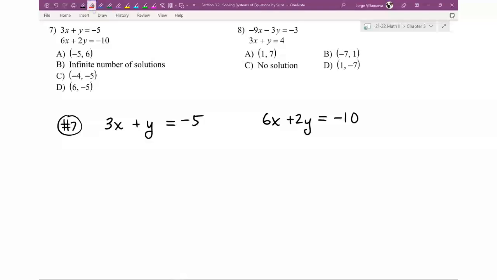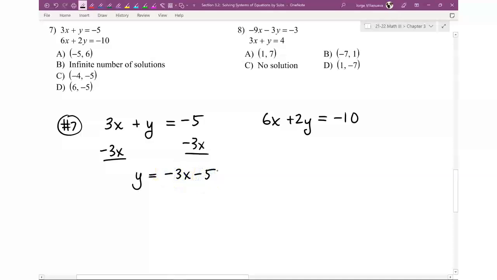So here we go. Let's subtract 3x, okay? So minus 3x on both sides. So I get y equal to -3x minus 5. Now you notice how we just solved for y, so I'm going to kind of highlight that for us because that's a good thing that we have that right there.